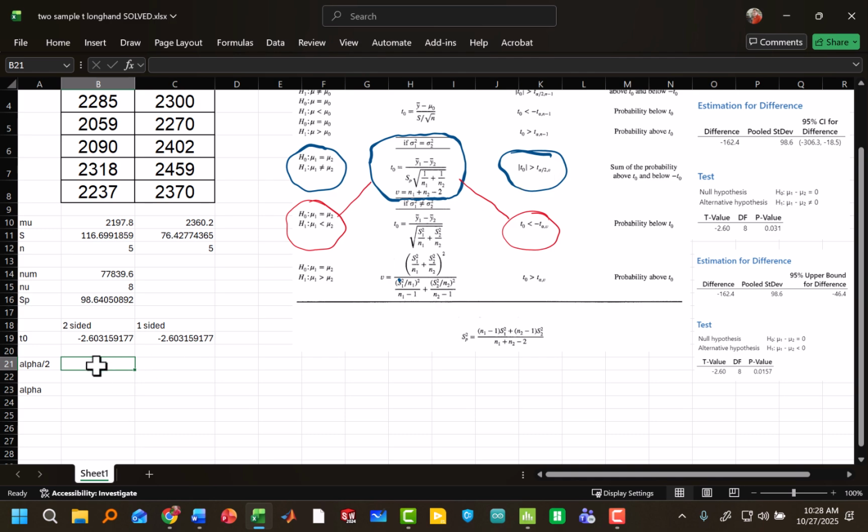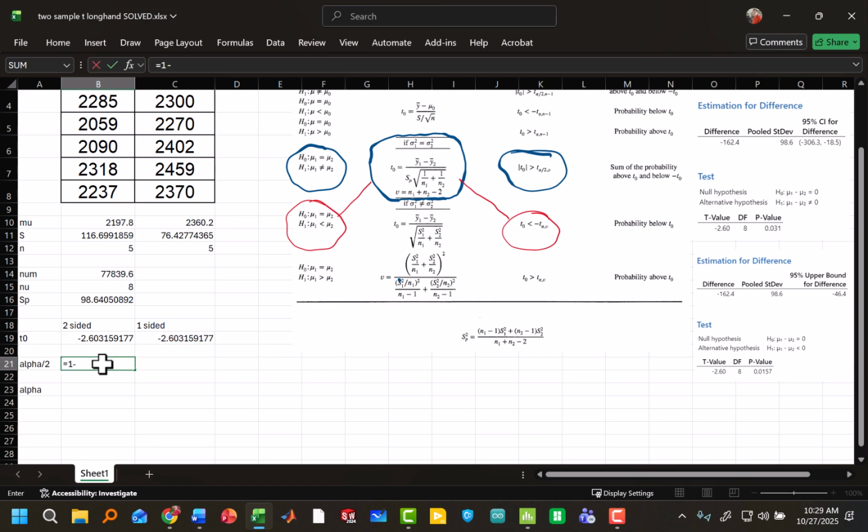So let's figure out what alpha by 2 would be. In other words, what value of alpha by 2 would make the rejection criterion exactly equal? What would make the T statistic with 8 degrees of freedom equal to 2.603, the absolute value of that? This is going to use the cumulative distribution, so we're actually looking for the right tail of it. So it's going to be 1 minus everything up to that.